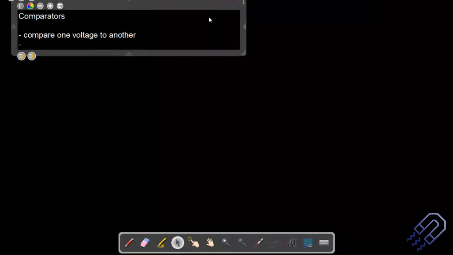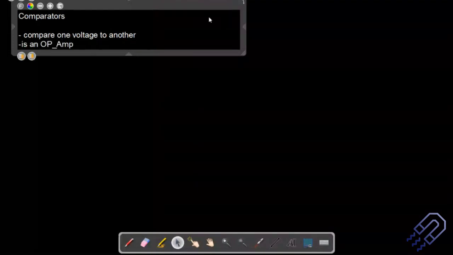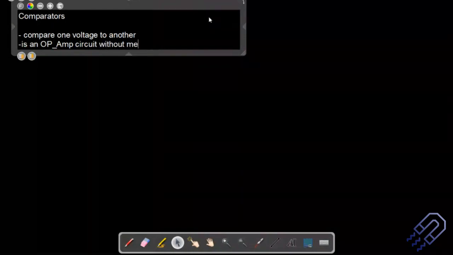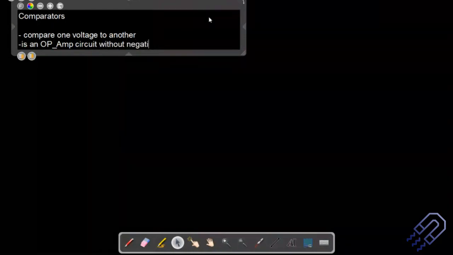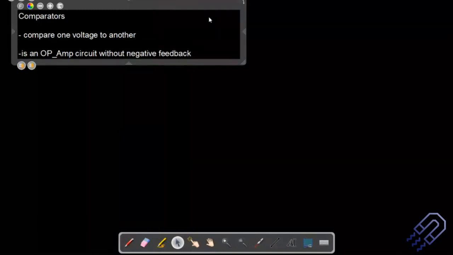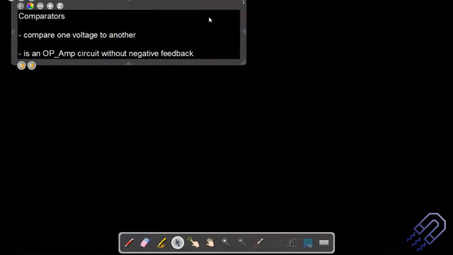And this is an op-amp circuit, right? An op-amp circuit without negative feedback. We don't have negative feedback in this case, so we don't put any kind of feedback into the system here.